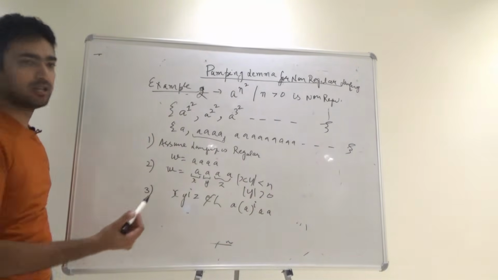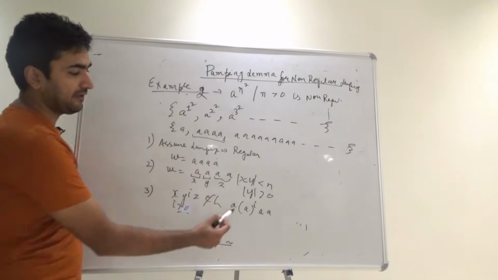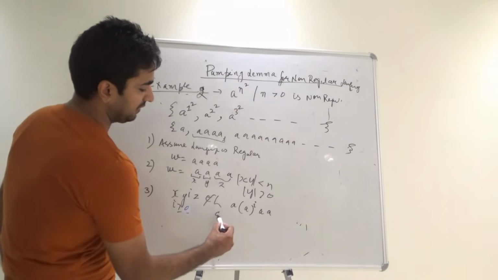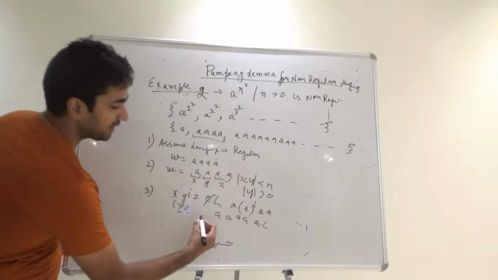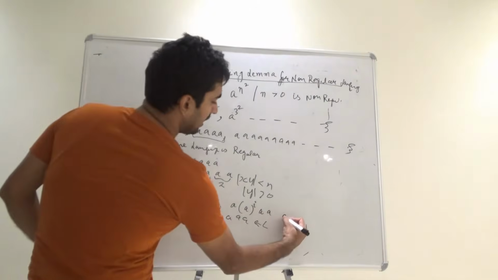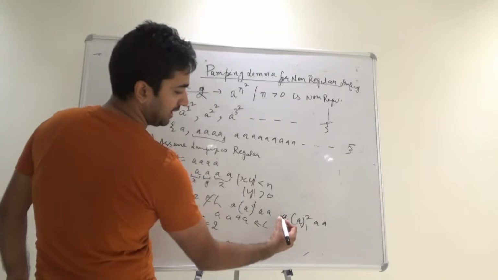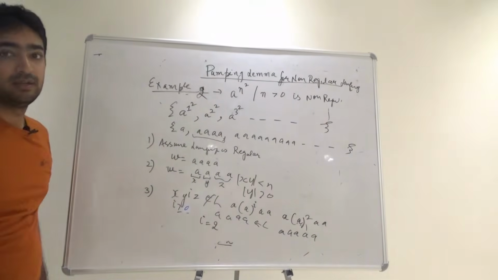Clearly, if I put i value as 1, because i value is greater than or equal to 0, over here I will get a, which definitely belongs to the language. But I am putting i value as 2 over here. So it means I will have a power 2 and 2 a's. So I will have 2 times a and a.